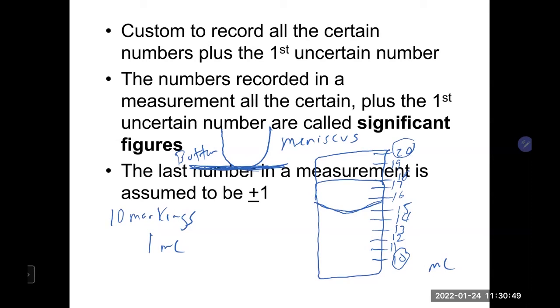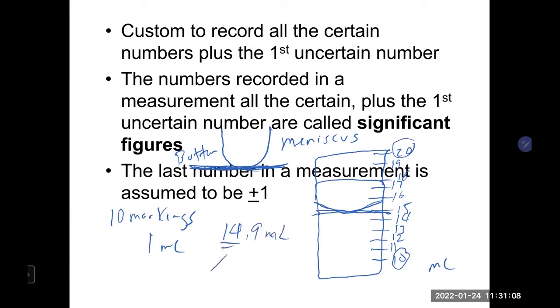And in this case, if we just draw a really bad straight line across-ish. Everybody that looks at this would agree that it is at least 14. Am I bad at drawing here? Not exactly 14, not exactly 15. So maybe it's like 14.9 milliliters.